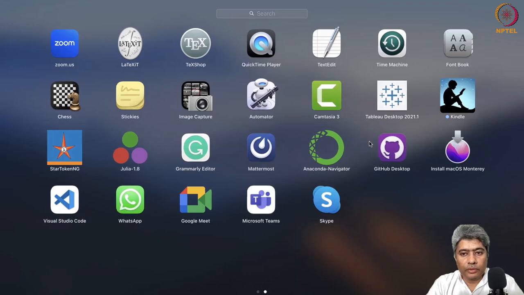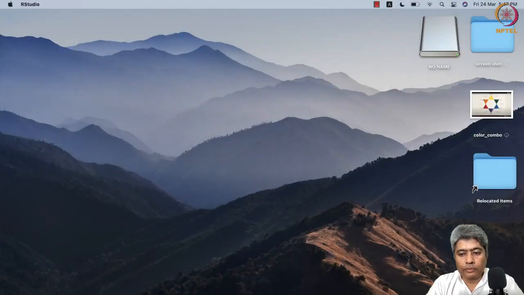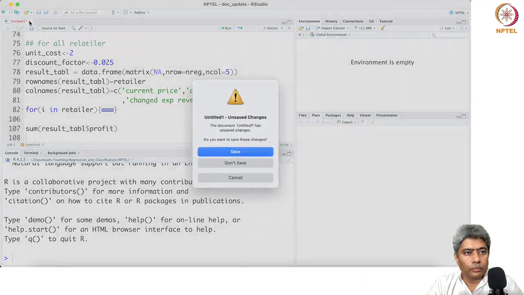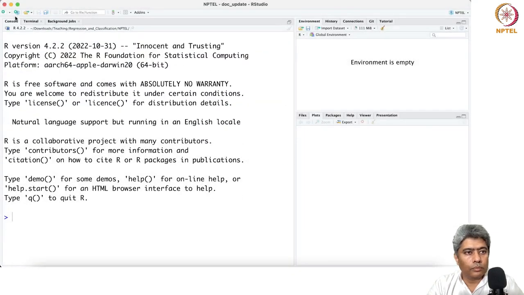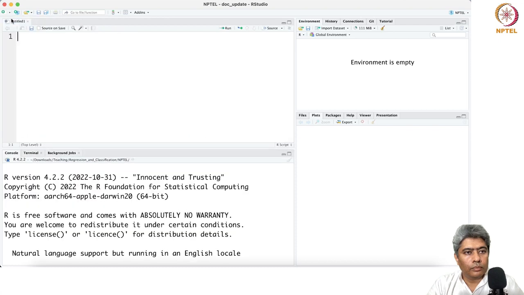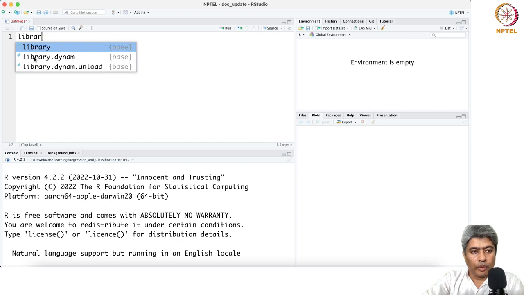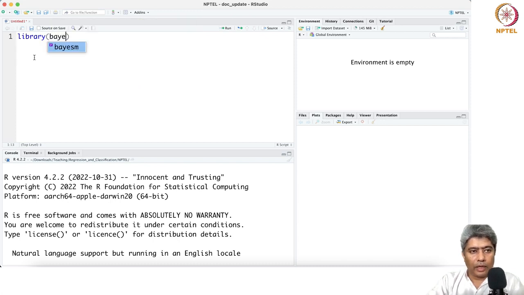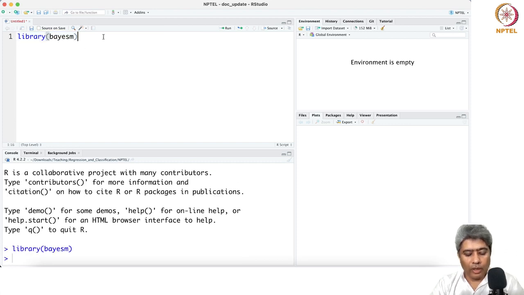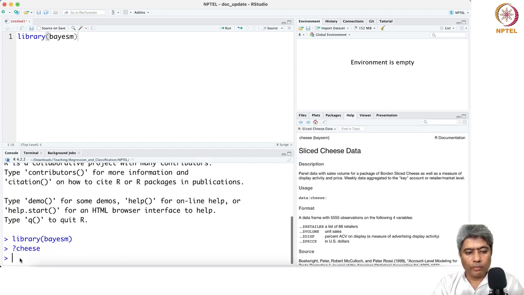So first I will open my R. First I'm going to call library bayesm. If you don't have this library, please install it. In this bayesm package there is a dataset available called the sliced cheese dataset.